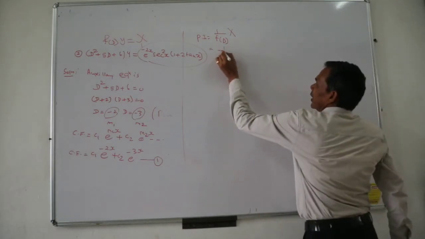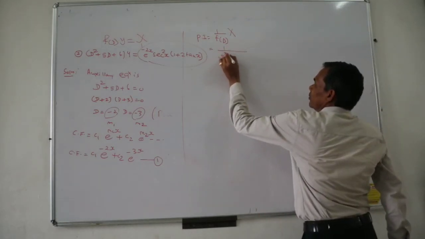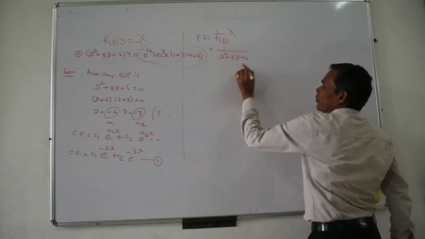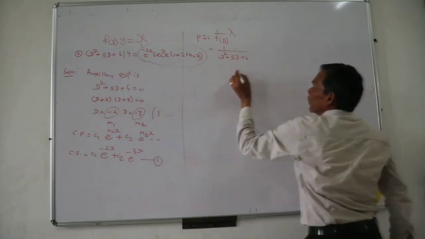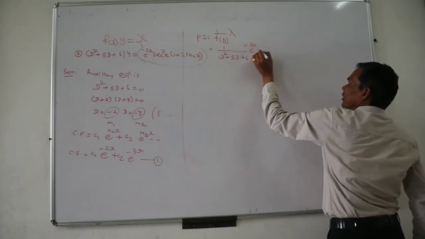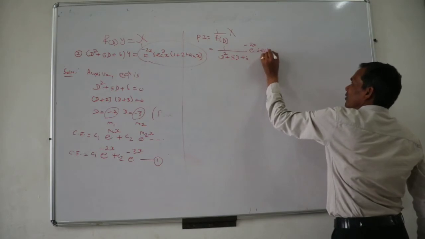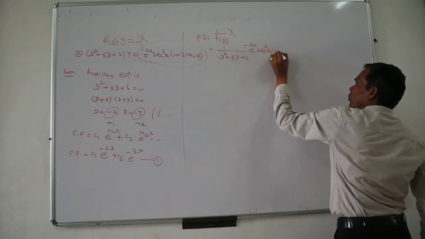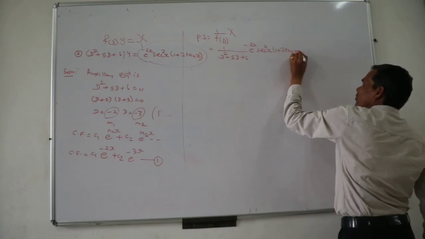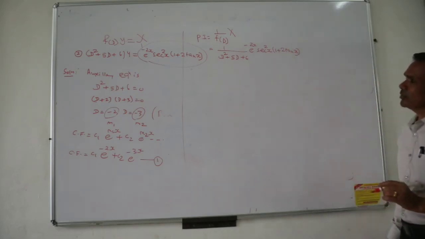So I write this as 1 upon D square plus 5D plus 6, because f of D is this, operated on this whole expression, capital X, e raised to minus 2x sec square x into 1 plus 2 tan x.